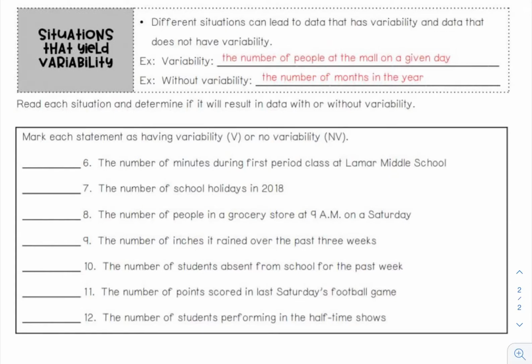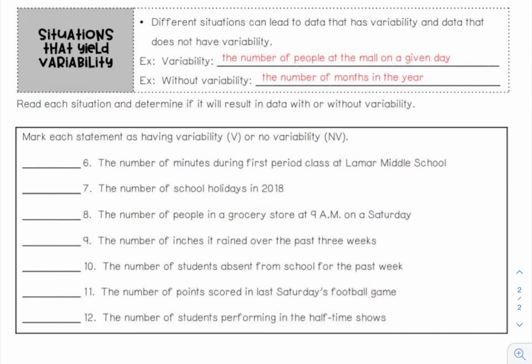So the first example, which is number 6, because this is a continuation from a previous assignment, is the number of minutes during first period class at Lamar Middle School. Now, I know this one is weird to think about because we are not in our traditional setting right now. So if you think back before spring break on a normal day, not a rise up day, not an early release day, not a pep rally day, but just a normal day, the number of minutes during first period class at Lamar Middle School.